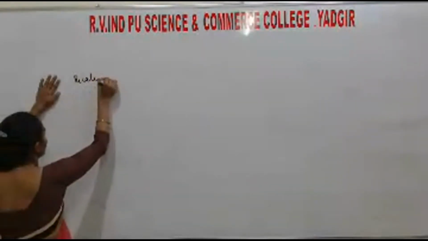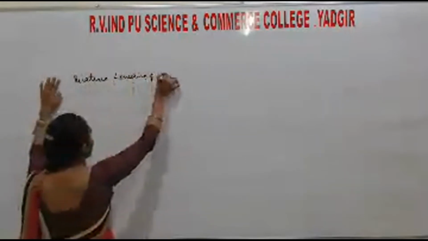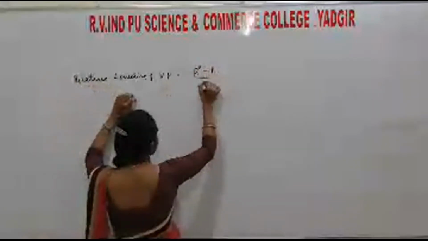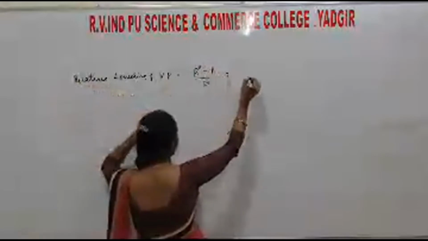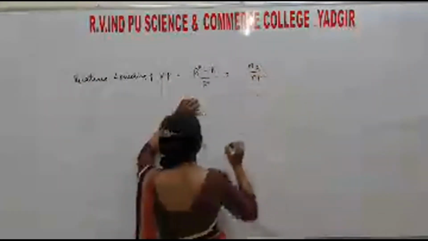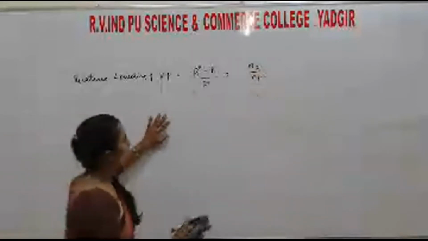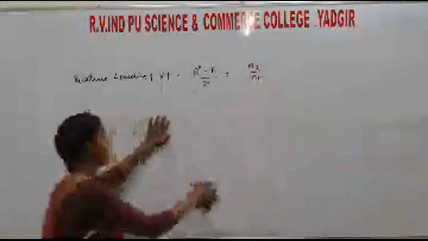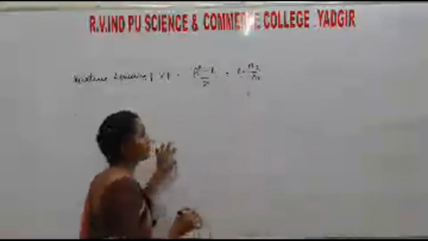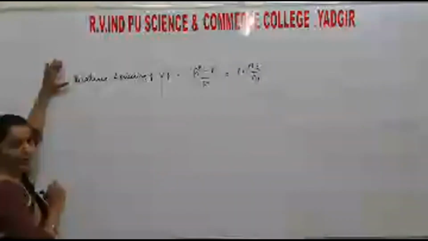Relative lowering of vapor pressure: P1 naught minus P1 divided by P1 naught is equal to N2 by N1, enough. So this is multiplied by i. So this is how the formulas change if we apply the Van't Hoff factor.